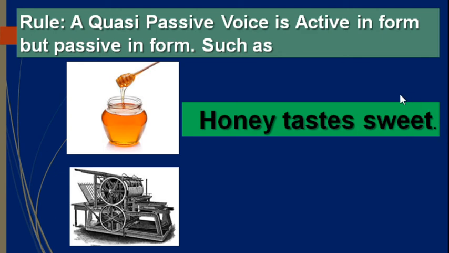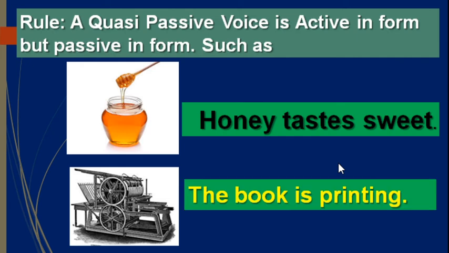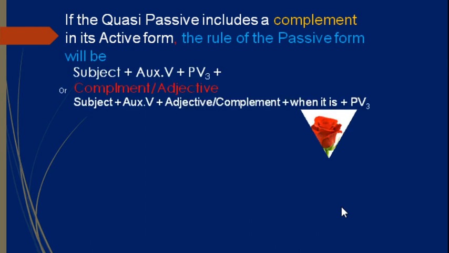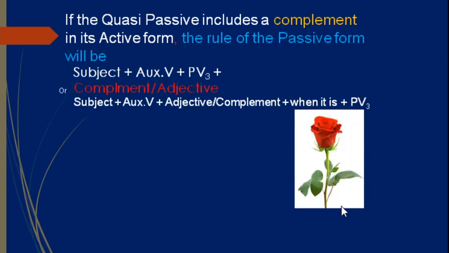No. Sweet is an adjective. So this is intransitive. In case of an intransitive verb, there is no object. So there is a structure for you to solve this. Another one, the book is printing. At first you have to take the subject, then auxiliary verb, then verb 3 form.